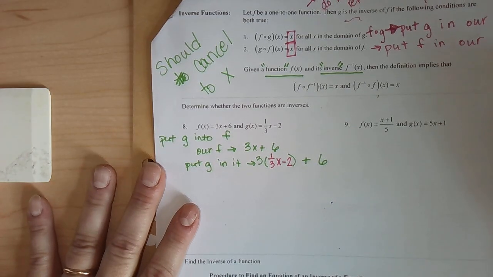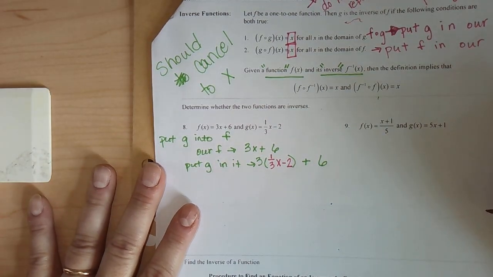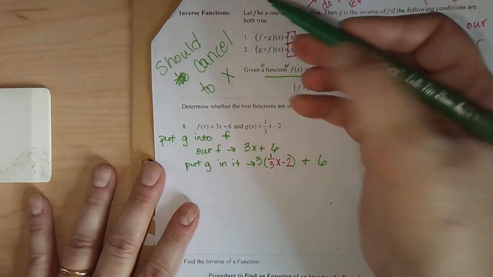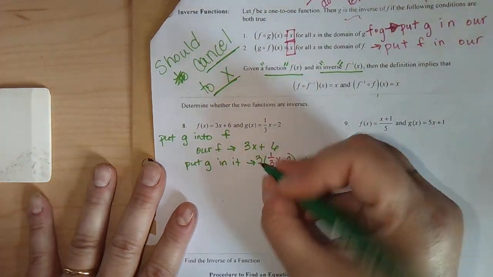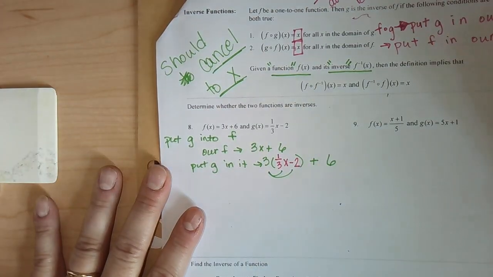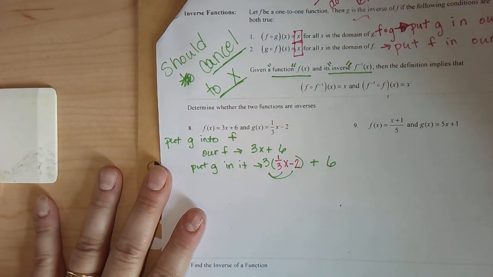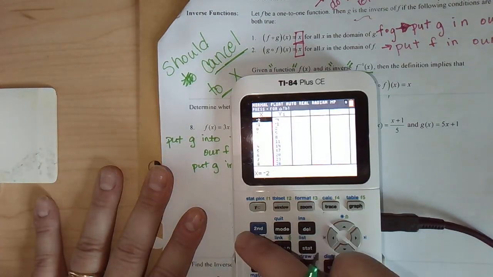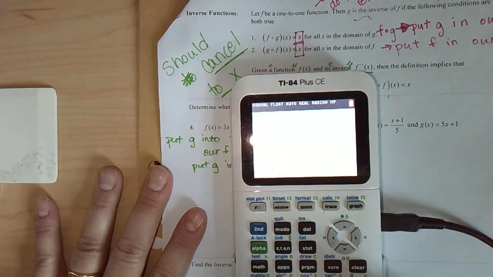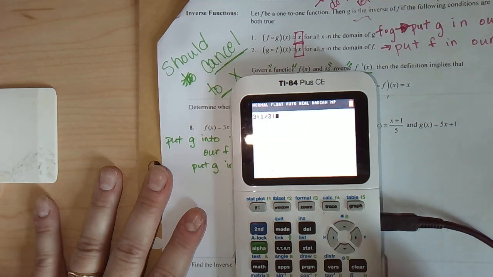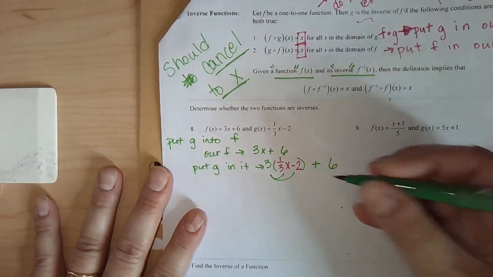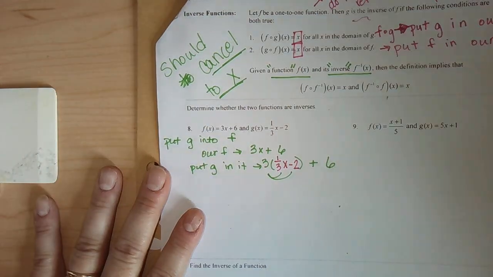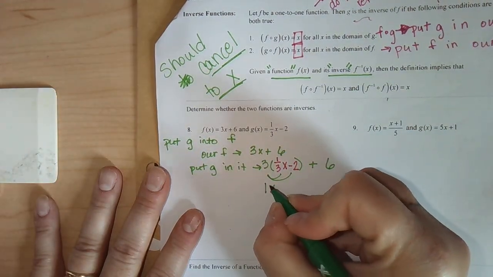Now let's distribute everything and combine like terms and see if we cancel to just the letter x. Well, 3 times 1/3 cancels out. It's super awesome. So 3 times 1/3 is just 1x.